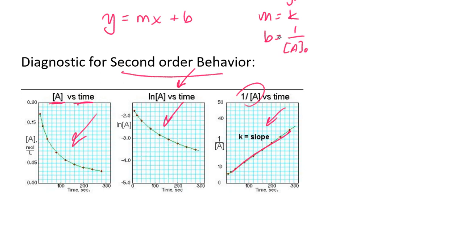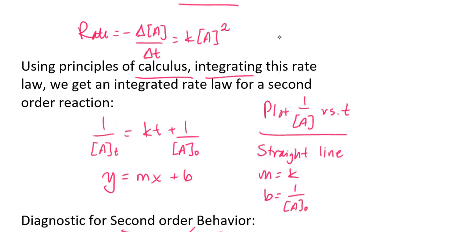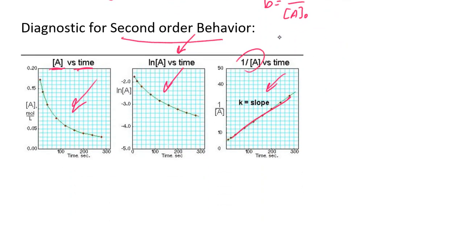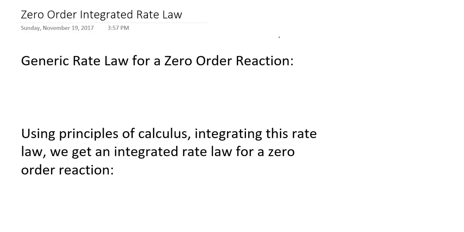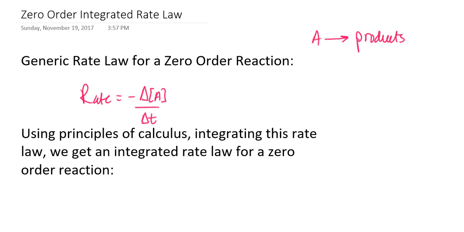Now, one case that we haven't talked about, and it actually doesn't even appear in your data packet, but we haven't discussed what happens when we have zero order reaction kinetics. So again, for a reaction where I have some reactant A falling apart to some set of products, once again I can write a rate law that can be considered the rate of disappearance of reactant A with time.